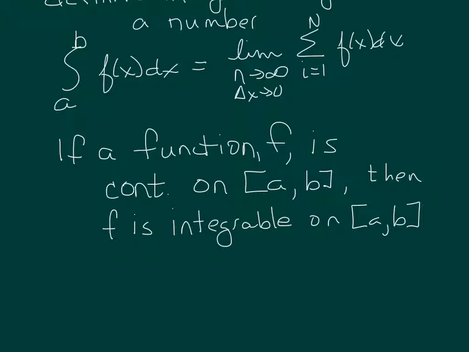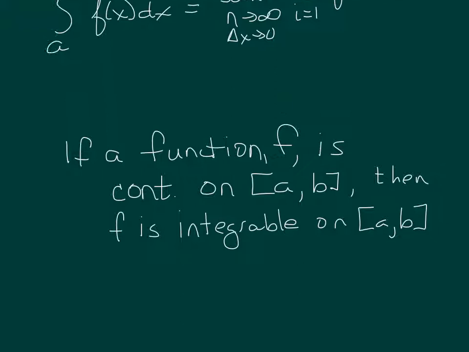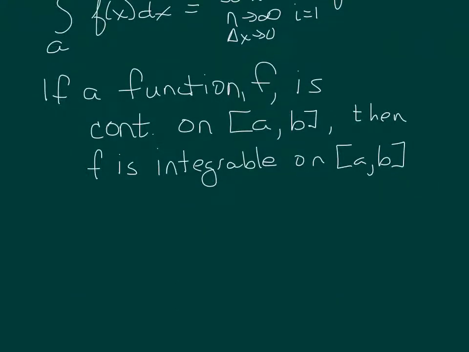Okay, so we have already seen from what we did on Wednesday and what we just did, if we have the integral from 2 to 5, and let's say it's just 3 dx, how did we find the value of that integral? Find the area.